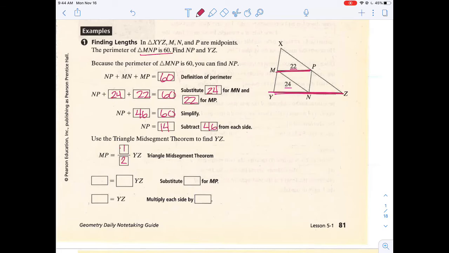Okay. Well, we know MP is 22. And that has to be half of YZ. So then if we multiply by 2 to get rid of that half on each side, we'll get 44. So YZ is 44. Okay, so the midsegment theorem can be used to find a lot of different segments.